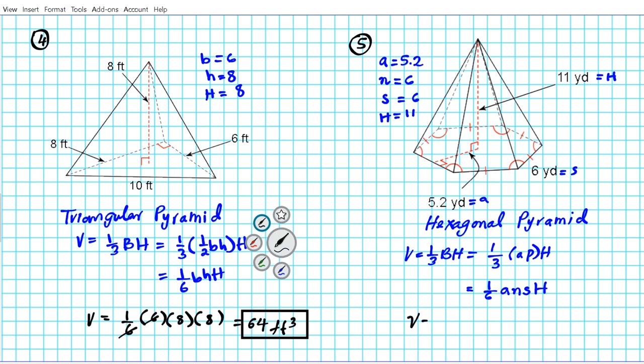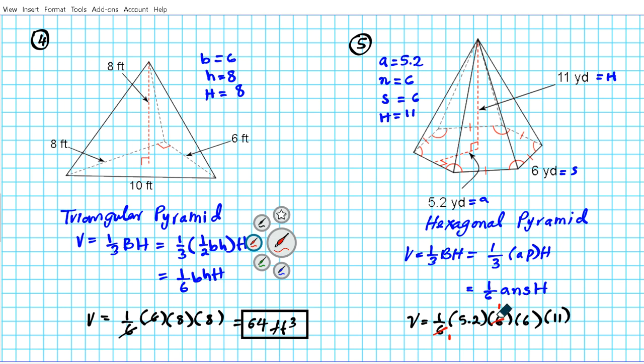Okay, let's put it all together. The volume is going to be 1/6 times the apothem, 5.2, times the number of sides, 6, times the length of the side, 6, times the height or the altitude of the pyramid, which is 11. We can do some cancellation here. 6 goes here 1, 6 goes here 1.